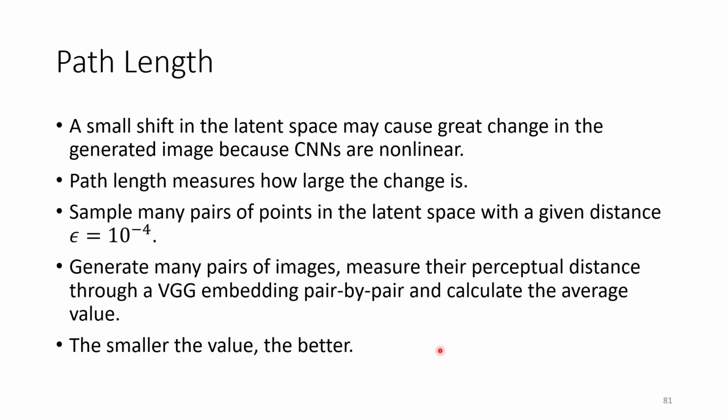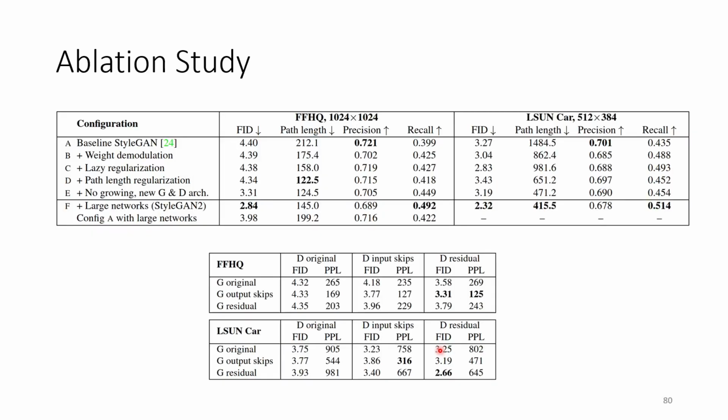If they randomly sample a lot of pairs of latent codes, they can calculate the average of the difference in the image feature space. So that is the path length. Therefore, if the value is small, it means the generator is stable. A small shift in the latent space will not generate a lot of difference in the image space.